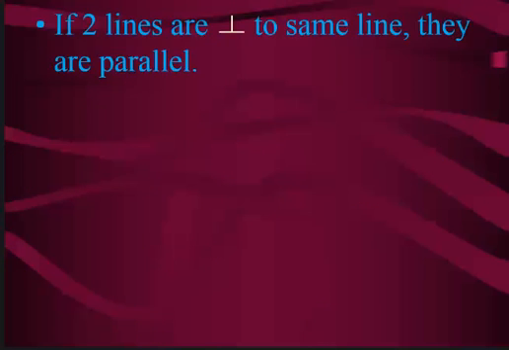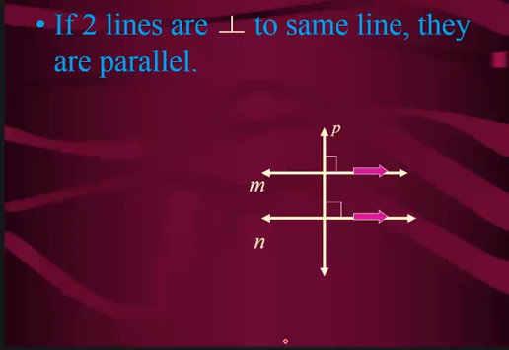Okay, if two lines are perpendicular to the same line, then they are also parallel. So a new way to determine if lines are parallel: we have line M and line P. P is perpendicular to line M. P is also perpendicular to line N. Because P is perpendicular to two different lines, then we can say these two lines are parallel if they're in the same plane.